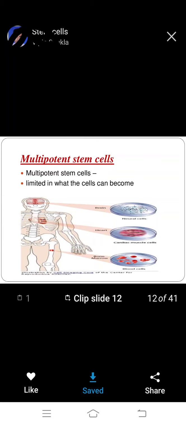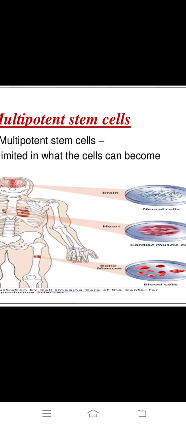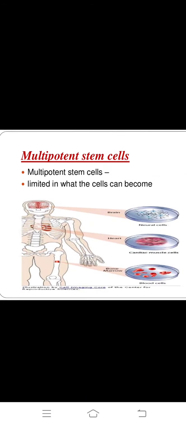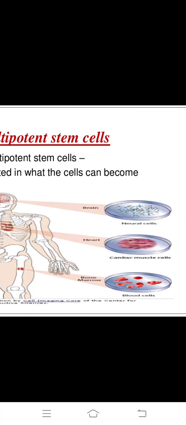This can be differentiated into, multi means RBC, WBC, blood platelet only. Okay, here you see, to brain. Multi means limited in what the cell can become. First one is brain. Brain is neuron cells, heart is cardiac muscle cells, bone marrow is the blood cells.